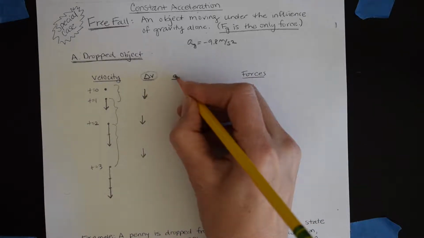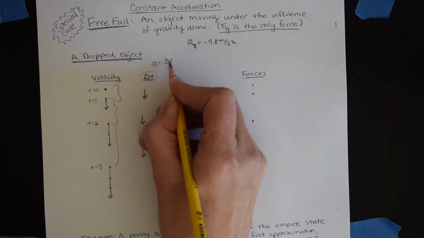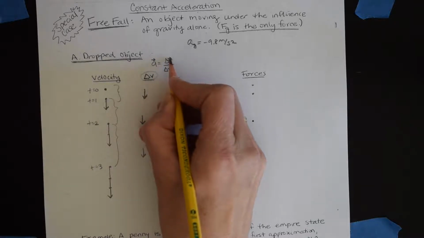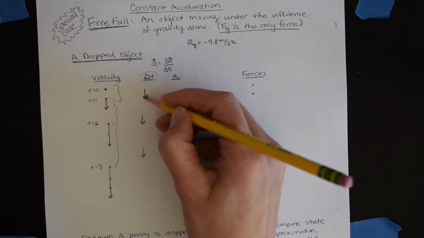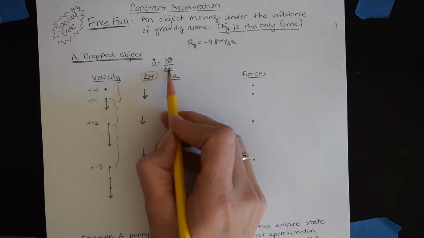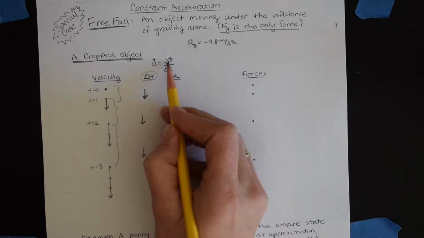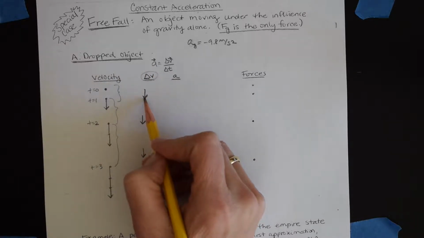So then what would be the direction of the acceleration vector? Well, acceleration is change in velocity over change in time. And we can put a little arrow over the top of these to show that acceleration and change in velocity are both vectors. They have a vector direction. Time doesn't have a direction. So when you divide this vector by the time, the acceleration has the same direction as the change in velocity.